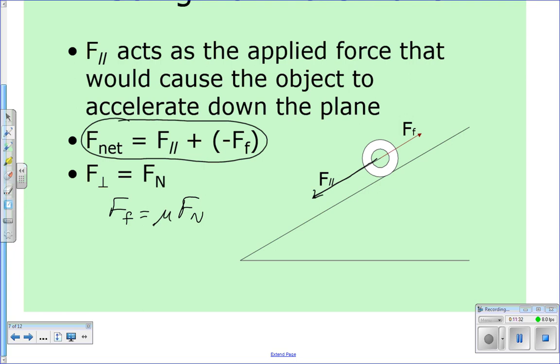And on an inclined plane, normal force is equal to the perpendicular component of the object's weight. When an object is sliding down the plane, friction always opposes motion, so friction is acting up the inclined plane.